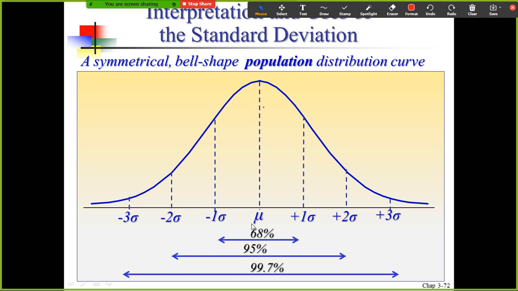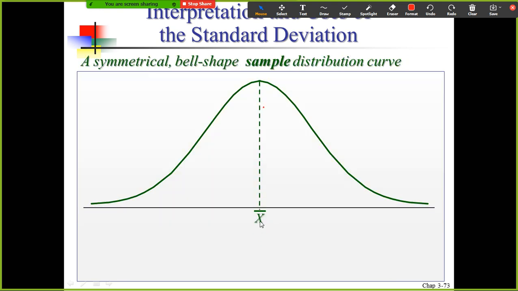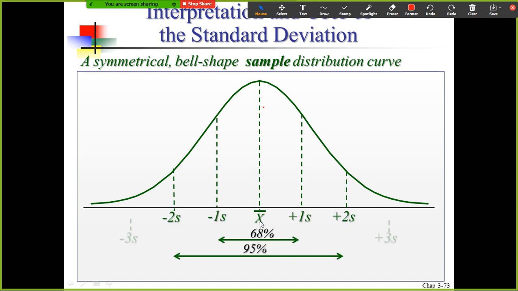This is a population because I use mu. If I'm talking about a sample, this is X bar, the same. Okay, the same.